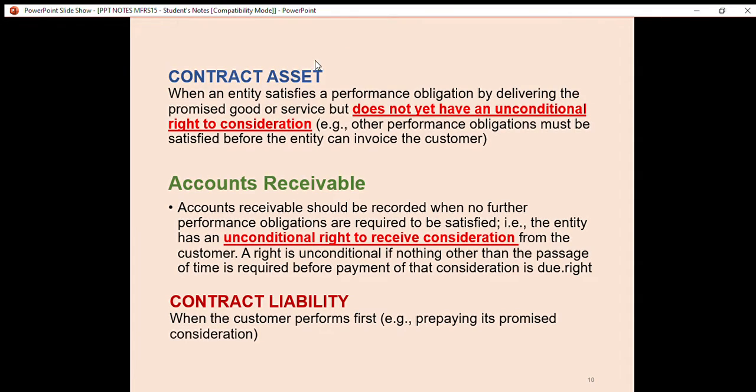A contract asset will arise when the entity satisfies a performance obligation by delivering the promised goods or services, but it has a conditional right to consideration. For example, other performance obligations must be satisfied before the entity can invoice the customer.